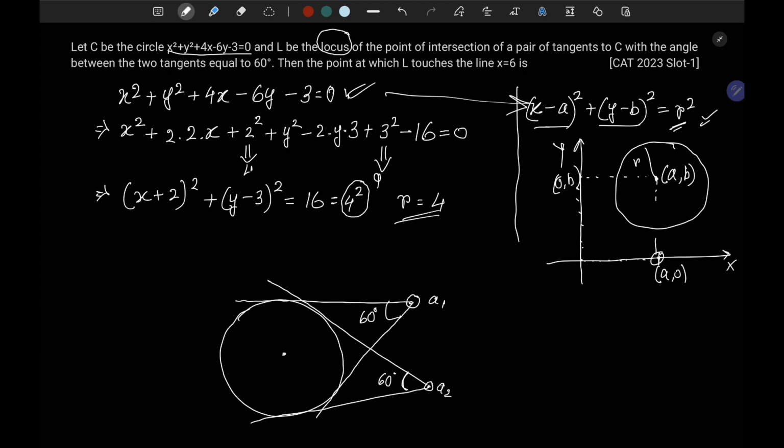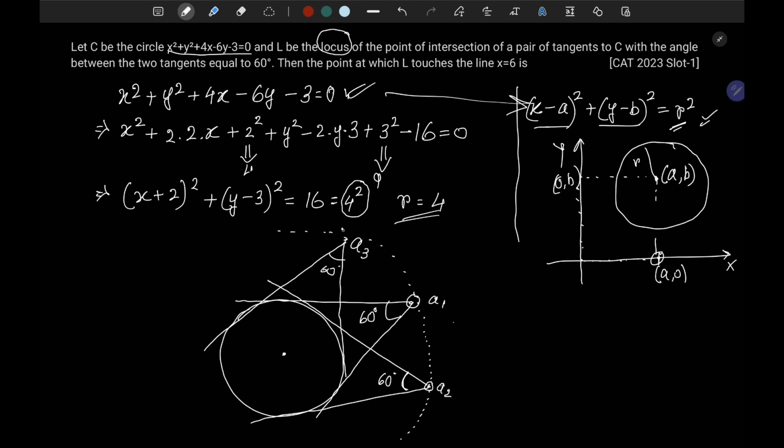Similarly, another can be like this. This is 60 degrees and this is A3. By intuition, you might see that we can get an infinite number of points which satisfy that similar condition, like A1, A2, A3. We could have had other points like A4, A5, A6, A7, and so on. All those points would have lain on this curve.